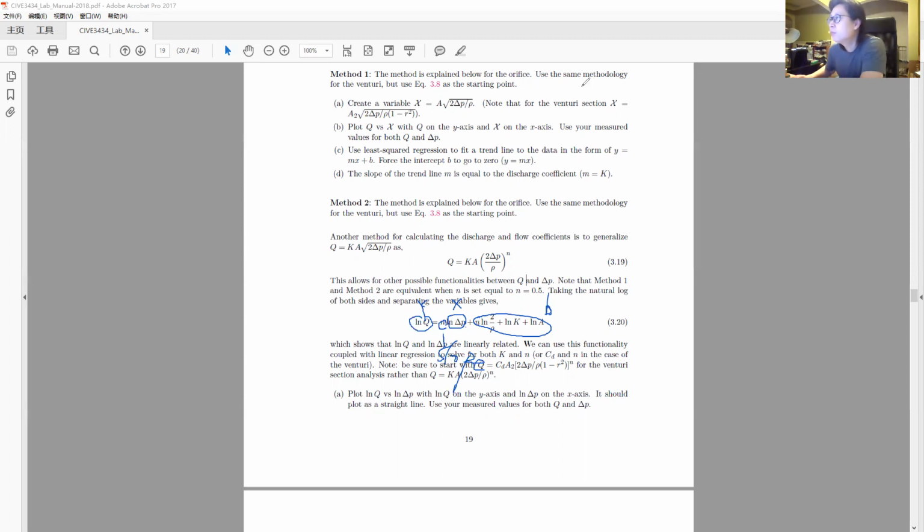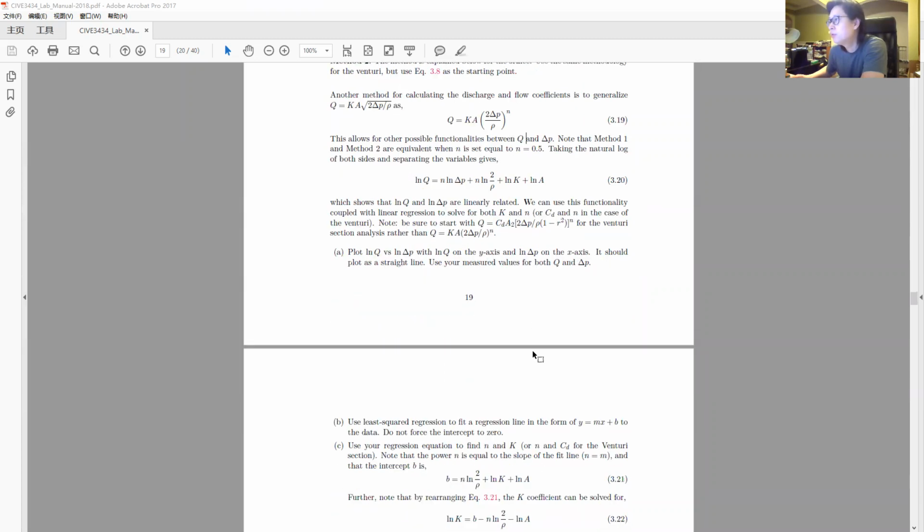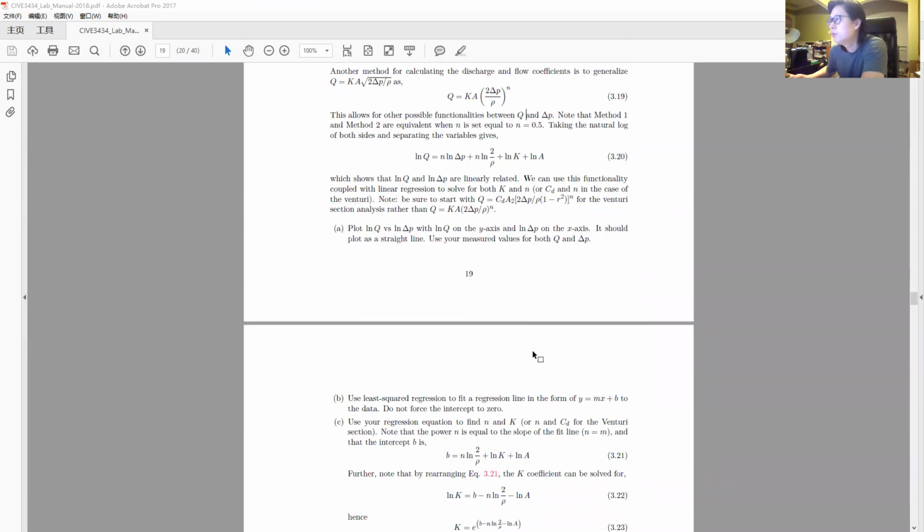So the part A lets you plot log q versus log delta p. It should plot as a straight line. For the second part, we also use a least square regression to fit a regression line in the form of y equals mx plus b.